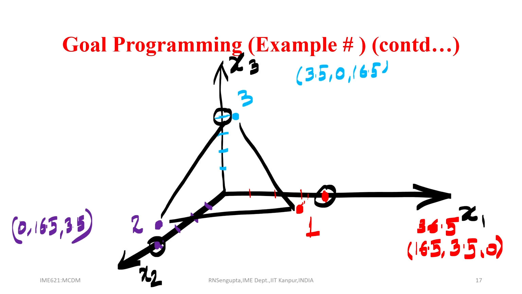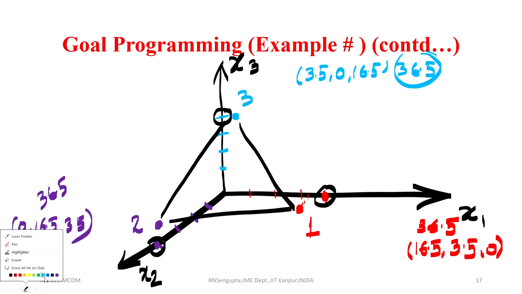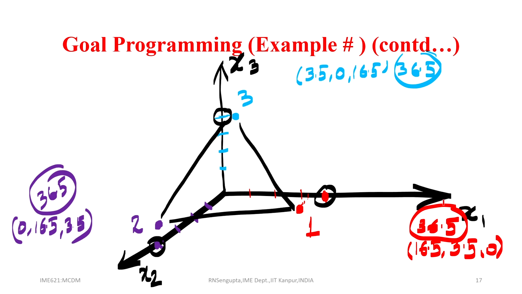so technically I have not solved it, I can plot such points where the values of these individual functions are 36.5. So, this I should also write. And I can solve them to find out.